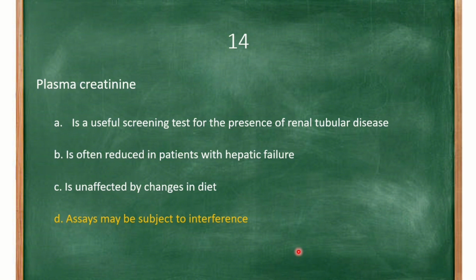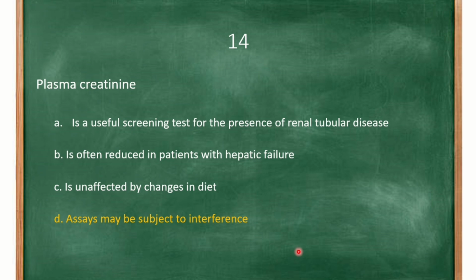The plasma creatinine may be more useful when analyzing glomerular filtration or assessing the overall kidney health, but not renal tubular disease. So A is not accepted. Then B is often reduced in patients with hepatic failure. Hepatic failure is liver failure. Usually liver failure does not really result in any significant change in plasma creatinine.